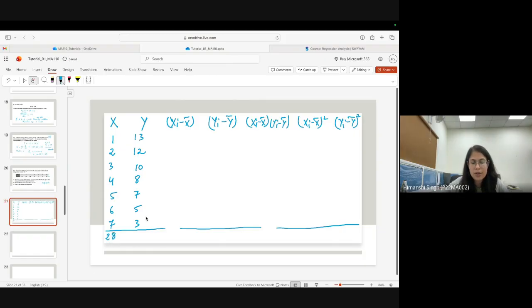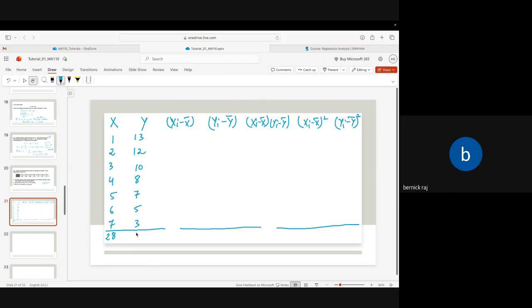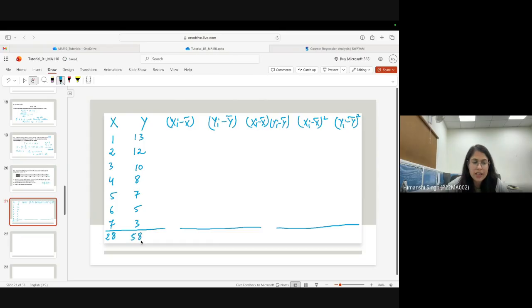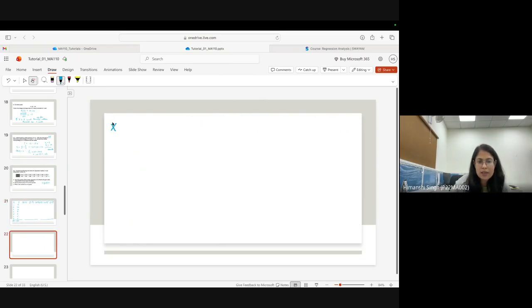Yes. And the summation of yi's? 58. Now from these two quantities I can find x bar and y bar. So x bar is 28 by 7, and y bar is 58 by 7. So x bar is 4 and y bar is 8.28.